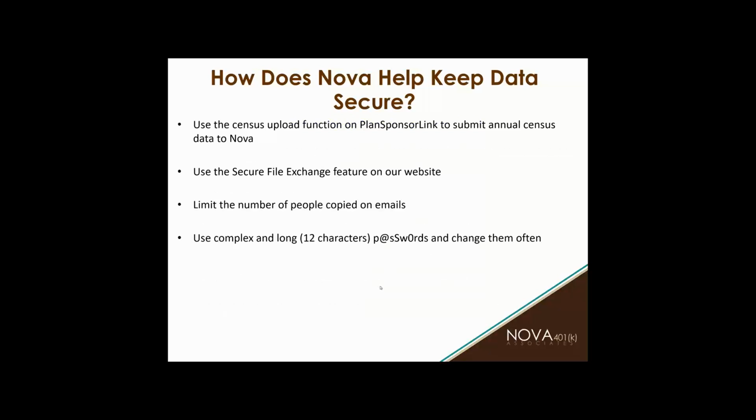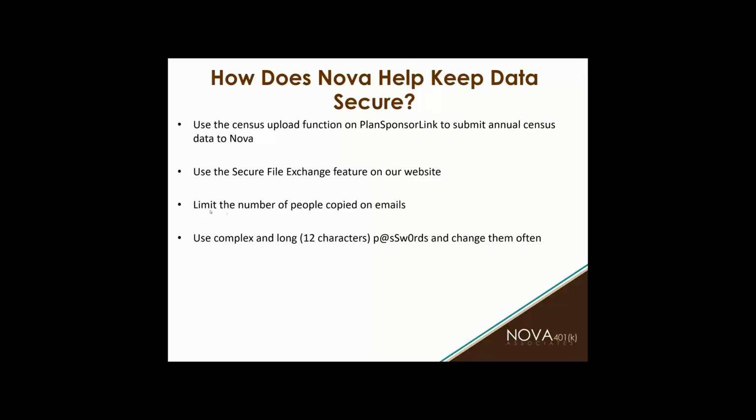So what you can do to help is definitely upload any census data or distribution request forms, loan request forms, anything with your employees' PII: name, socials, date of birth, date of hire, address, phone number, email, anything that has that information. Upload it to Plan Sponsor Link using that secure file exchange option.